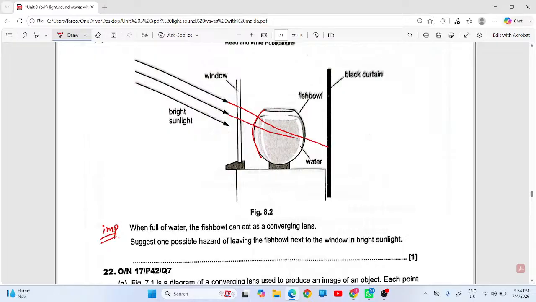The fish bowl has the ability to converge the light rays at a single point in this way. तो फिर वहां पे लाइट की इंटेंसिटी क्या हो जाएगी? हीट इंटेंसिटी इंक्रीज हो जाएगी, because all the light rays are converging at a single spot. लाइट की ज़्यादा हो जाएगी. तो हीट ज्यादा हो जाएगी ना.